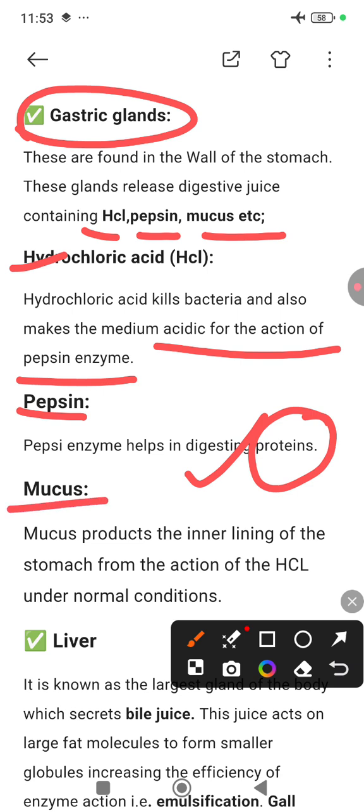Mucus protects the inner lining of the stomach from the action of hydrochloric acid under normal conditions. There was a mistake in the slide; it is protect.